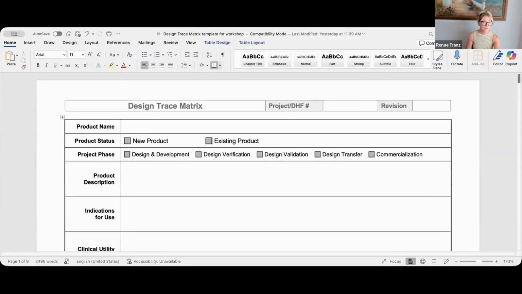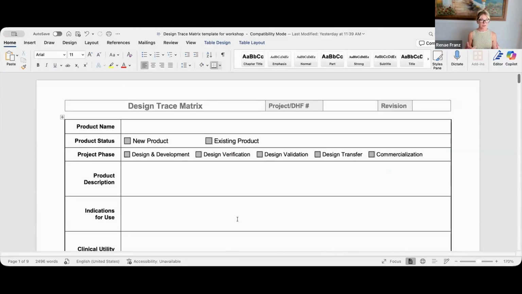Any other questions before I jump over to the product specification document, the design trace matrix? We also have this tool for you. So a lot of people, especially if you consider your device to be very simple, it's a class one.